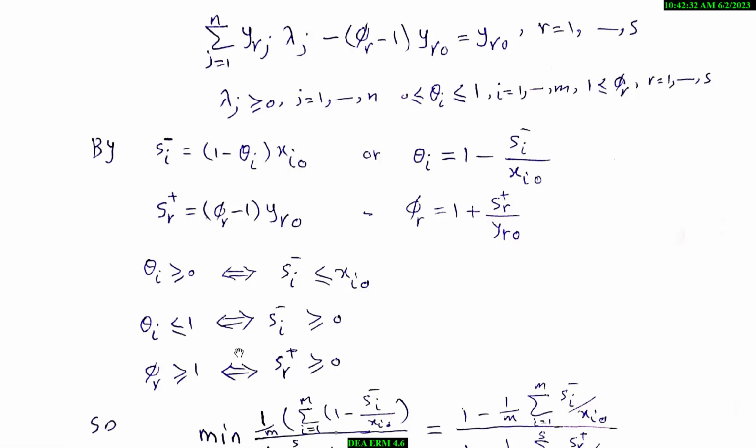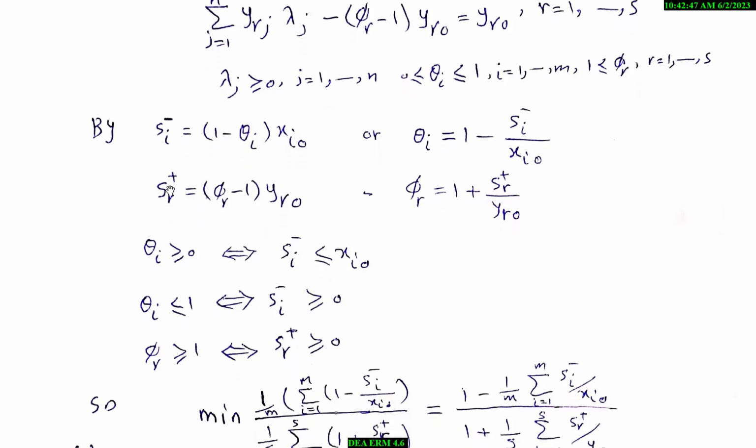So by considering this and putting the new variables, instead of theta i and phi r, we put their equivalent value in the objective function, and we have that ERM is also equivalent to this model.